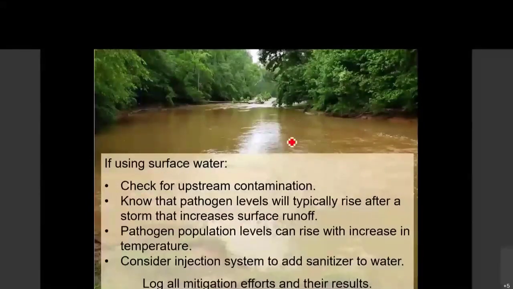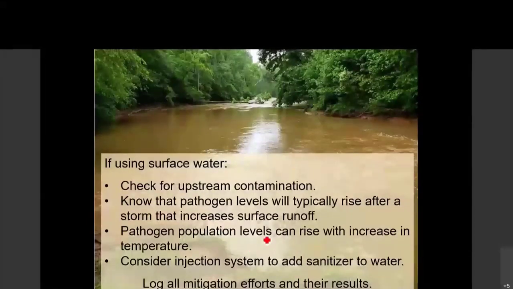It increases the volume, stirs up the sediment in the bottom, and you might be getting all that salamander poop and bird poop and everything else in there. So if you're going to test, wait until that water calms down again and the sediment settles out, or you're going to get an artificially high number. Also, as we go through the summer, our pathogen population levels can rise with temperature.